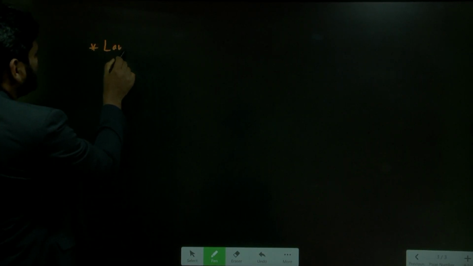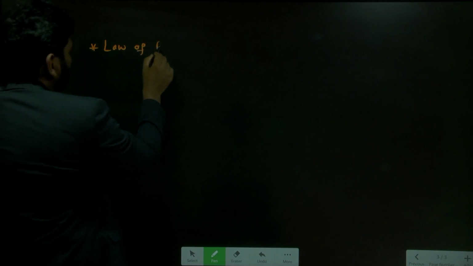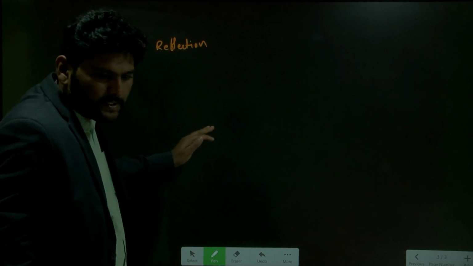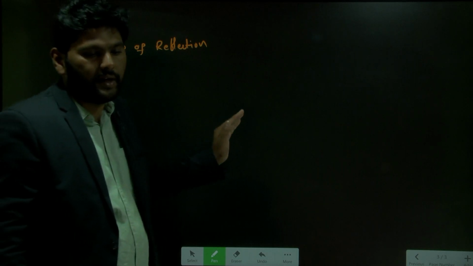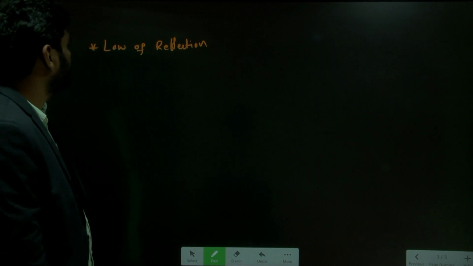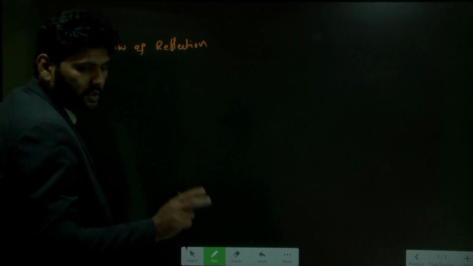Now see here. Write down laws of reflection. This is very important for the reflection of light. We have two laws of reflection.